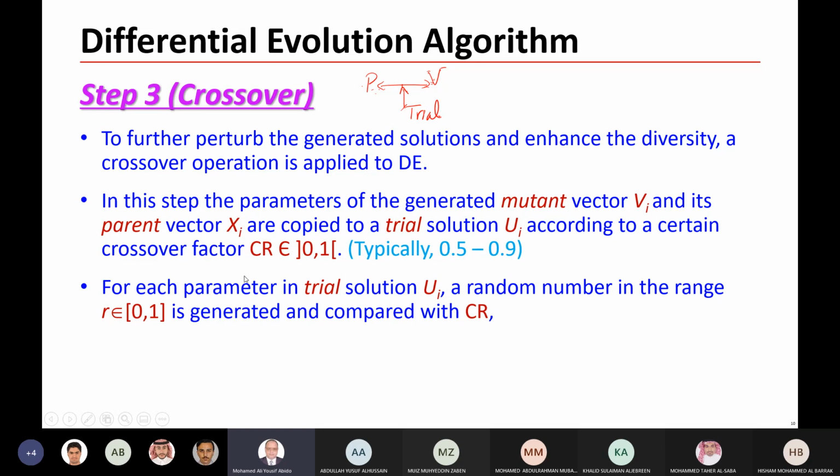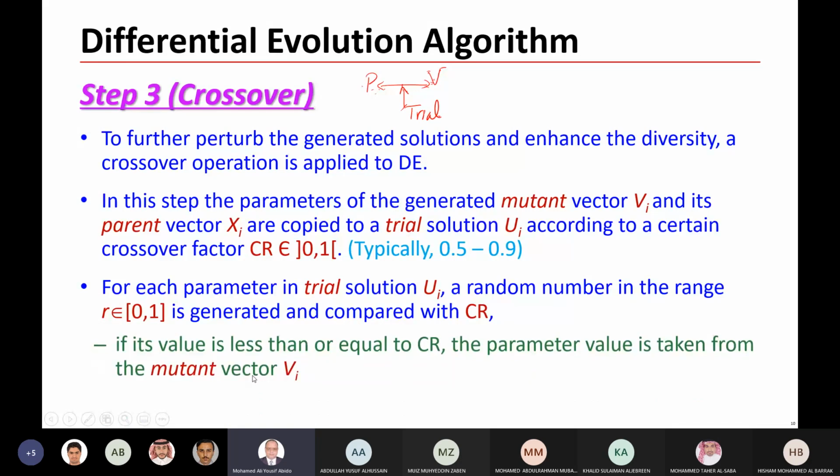If the crossover is set to 0.5, it doesn't matter if it is greater or less, you pick from one of Xi or Vi. So this is the rule. If the random value is less than the crossover factor you set, the parameter value is taken from the mutant vector. Otherwise, you pick from the parent.